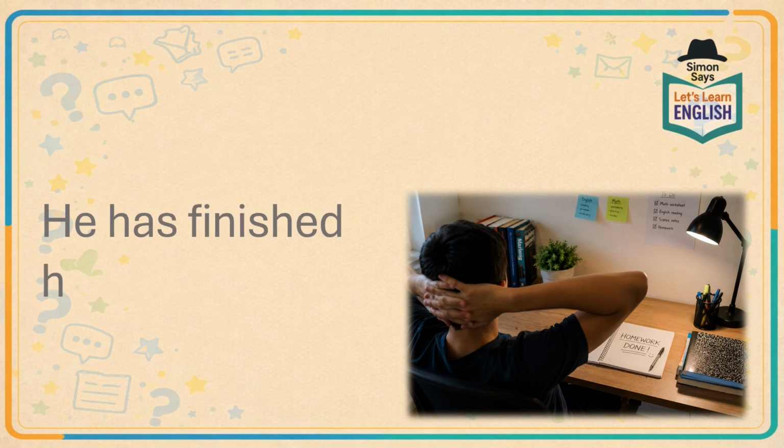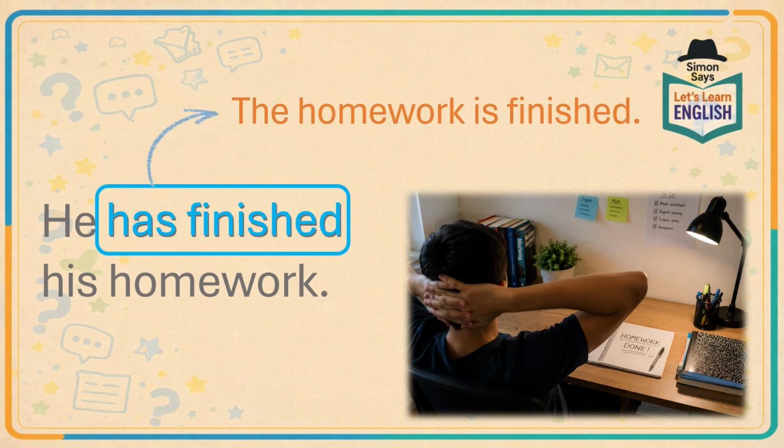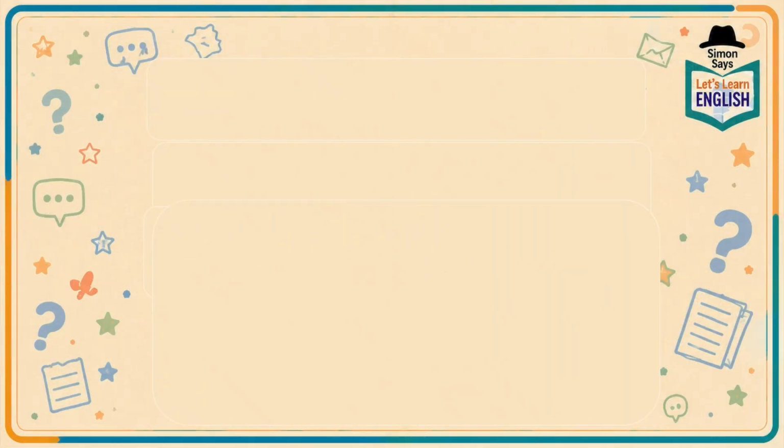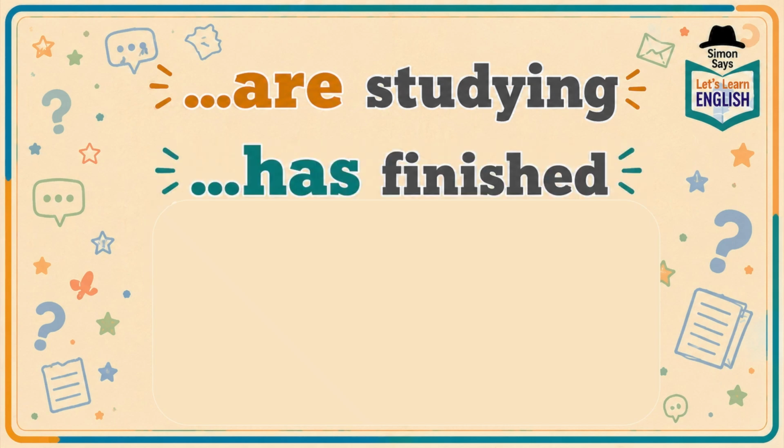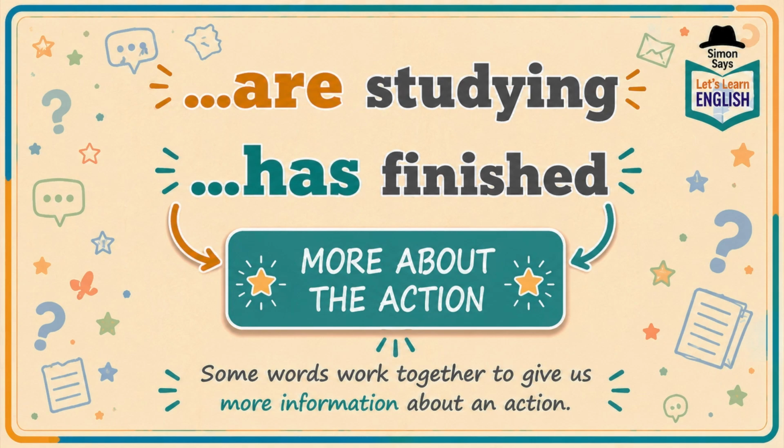He has finished his homework. Now, the words has finished are working together to tell us that the homework is finished. So, sometimes verbs work together to tell us more about an action.